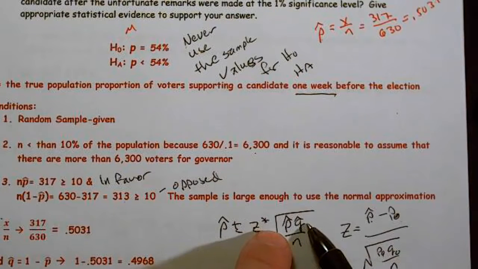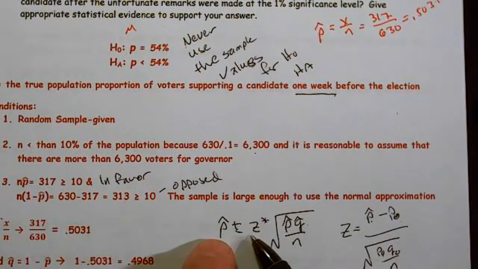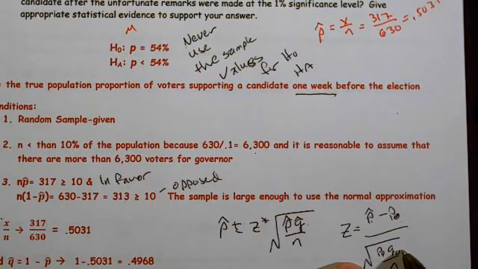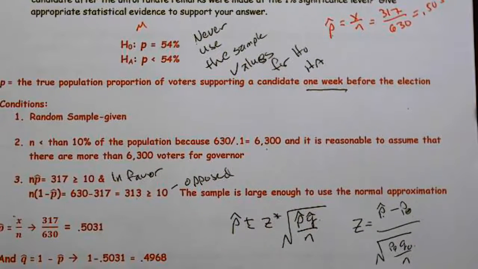So make sure that you're using p hat and q hat for your confidence interval standard deviation, but using p and q for your hypothesis test standard deviation. All right, so you use p and q for hypothesis, p hat and q hat for confidence level. Be careful, don't make that error.